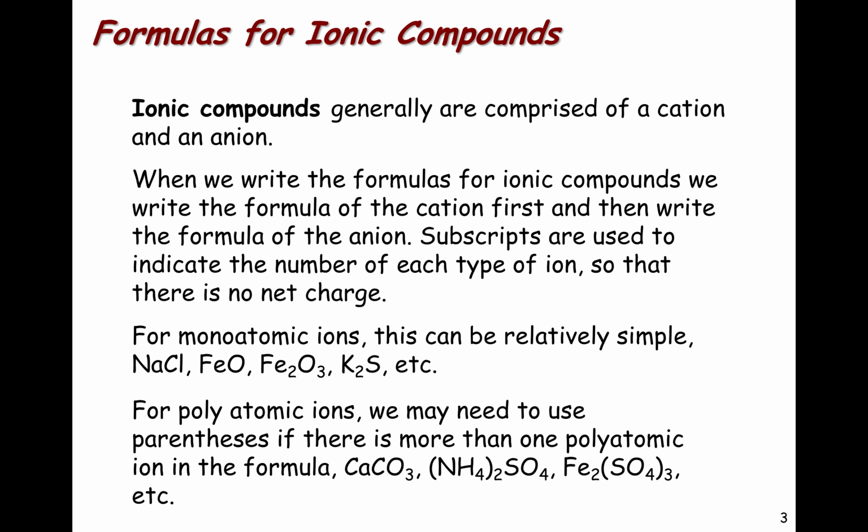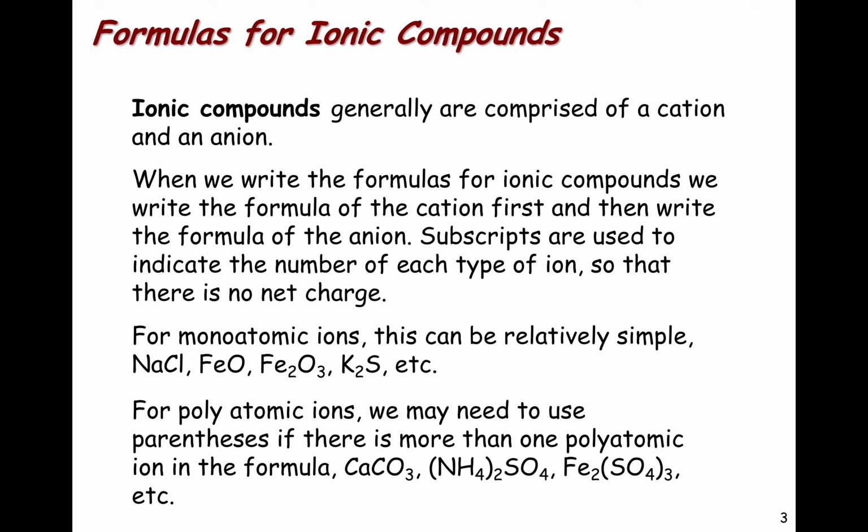If we have polyatomic ions, then we have to, in certain cases, include parentheses if there is more than one of the polyatomic ions. Some examples here, we have calcium carbonate.